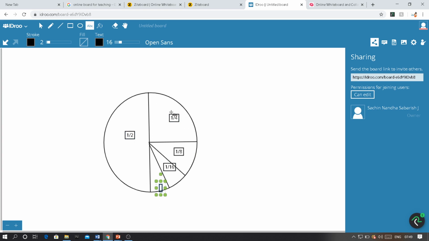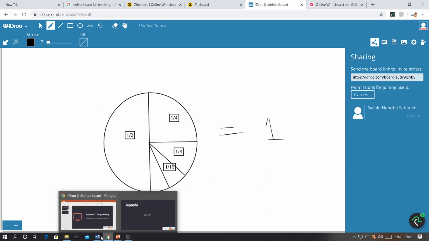So 1 by 2 plus 1 by 4 plus 1 by 8 plus 1 by 16 plus 1 by 32 up to 2 power k, because in the denominator this is 2 power 1, this is 2 squared, this is 2 power 3, then 2 power 4, 2 power 5, 2 power 6, up to 2 power k. So when 1 divided by 2 power k keeps on being added, totally when you add all these things, this will be equal to 1.